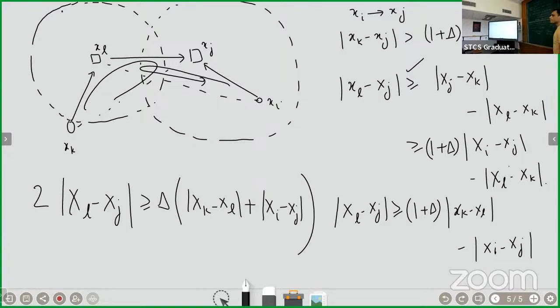Geometrically, what does it mean? That the distance between these two points is at least delta by 2 times this plus delta by 2 times this. So are there any non-overlapping regions you can identify?